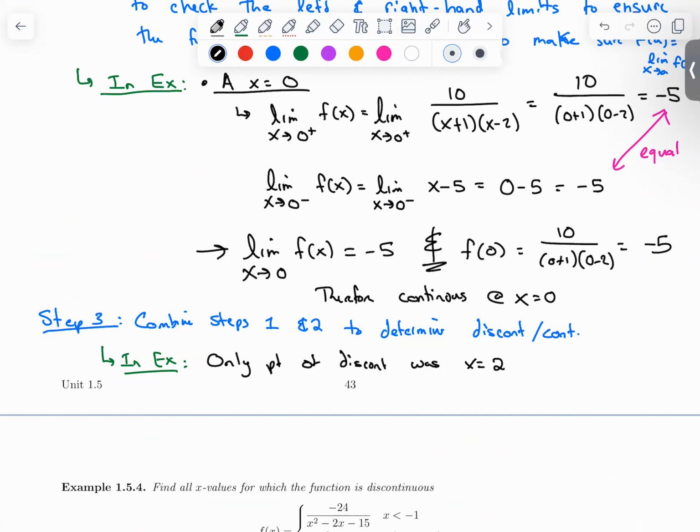X equals 2 is the only bad point. So if you're looking at a number line, here's 2. Everything else is fair game except for that number, which means that it's continuous from negative infinity to 2, union 2 to positive infinity.